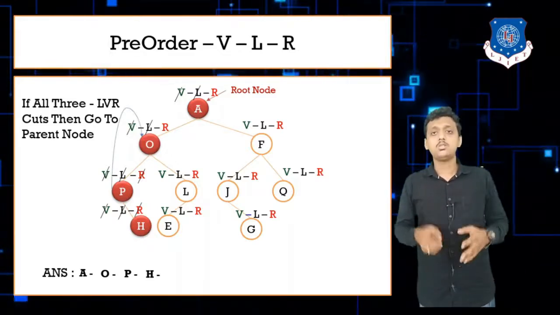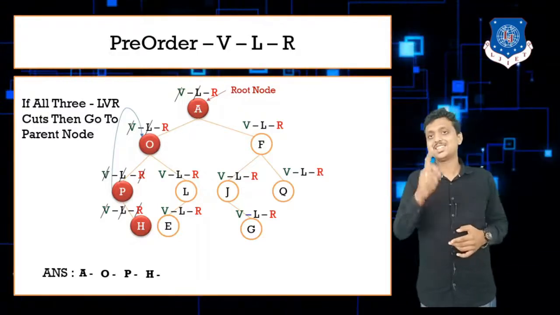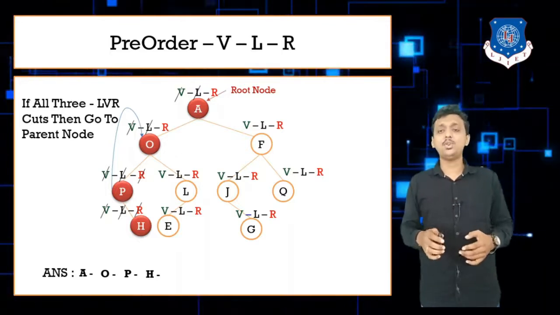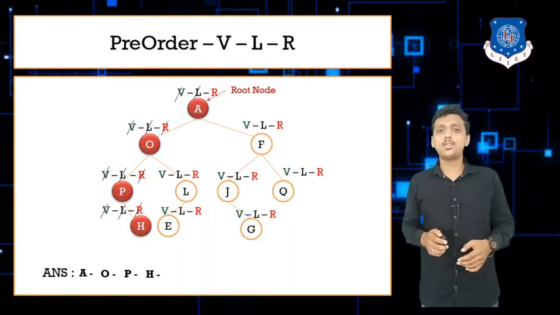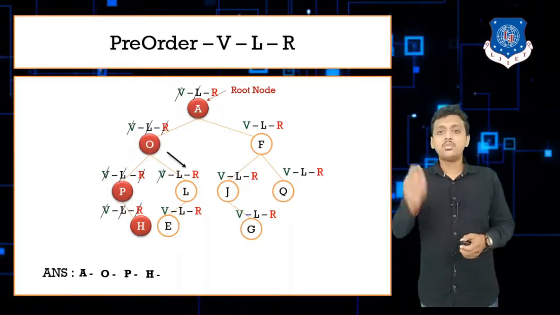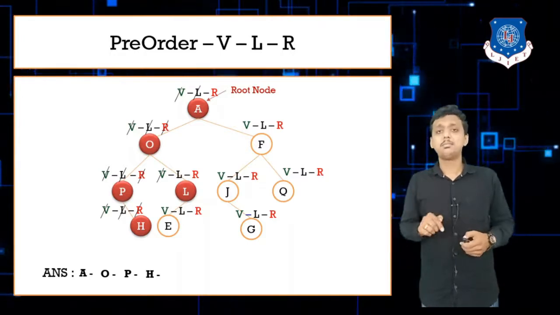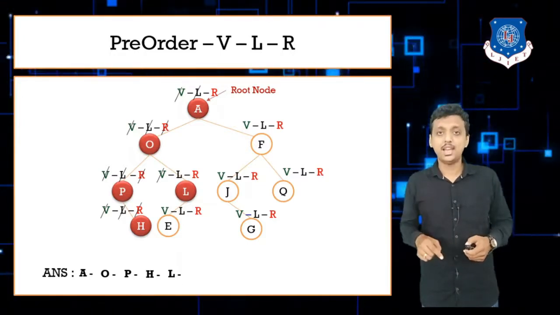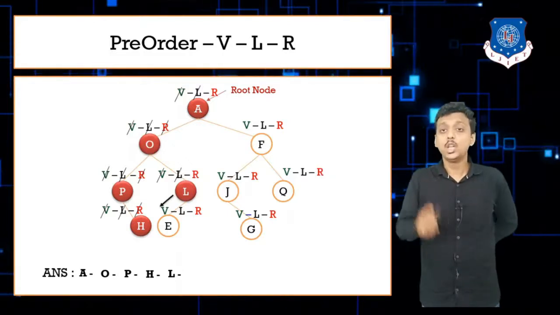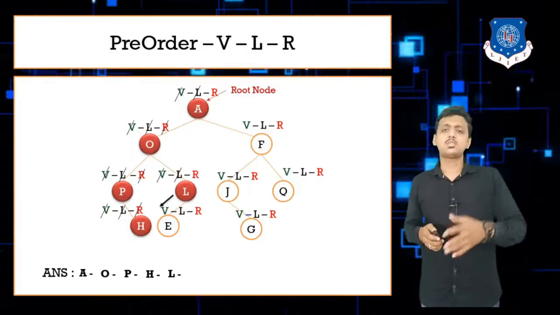Now is there any operation remaining to be performed on O? Yes, that is the right operation. So you just need to move towards the right side of O. So cut R, go to the right side of O, that is L. The next is cut V, visit L, and then move towards the left side of L. So cut L, move towards the left side of L, that is node E. Now, first just complete the visit step.